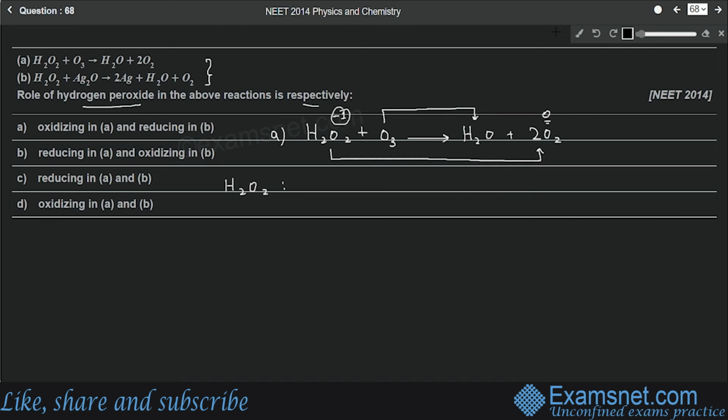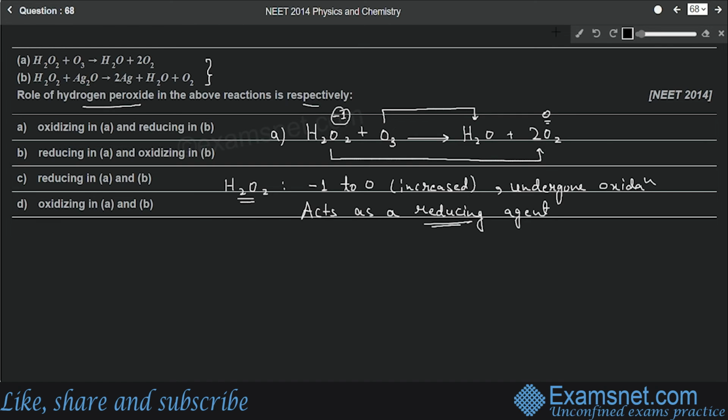So for H2O2 the oxidation state has been increased from -1 to 0, and when the oxidation state is increased, it means it has undergone oxidation. So hydrogen peroxide has undergone oxidation, and when it itself undergoes oxidation, it acts as a reducing agent for others. So the role of hydrogen peroxide is reducing in the first reaction.